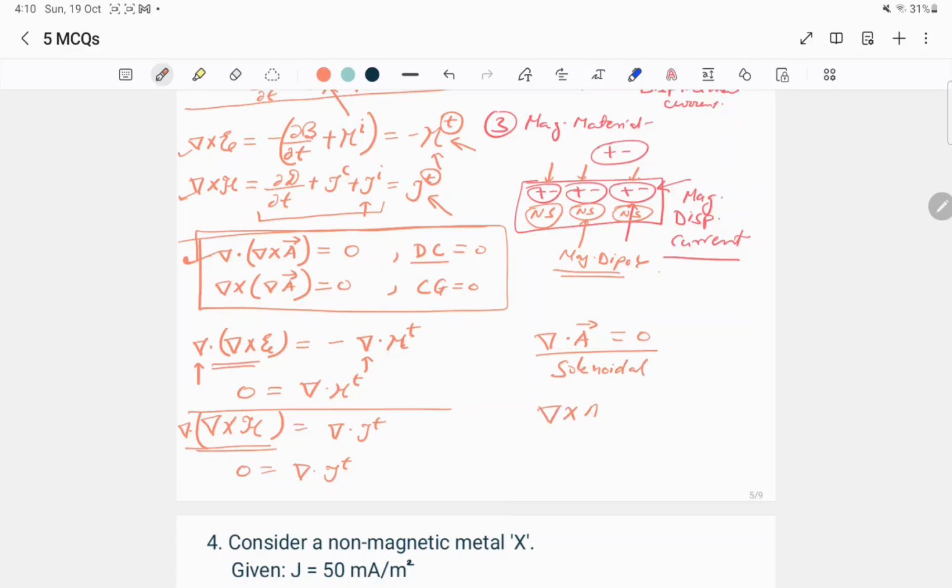And whenever the curl of any vector is 0, we call it irrotational. In this case we are getting divergence of MT and divergence of JT both 0, which means the total magnetic current and total electric current are solenoidal.